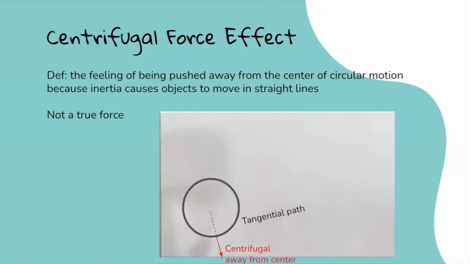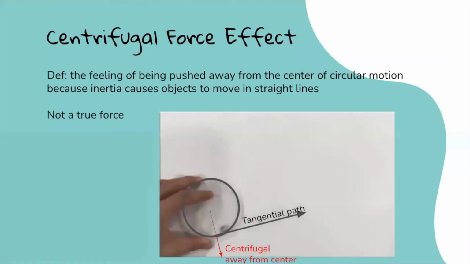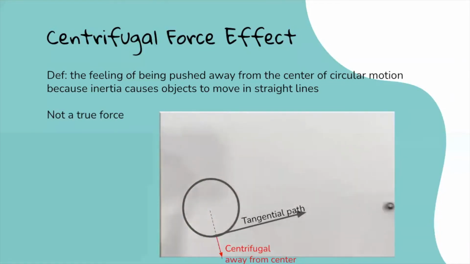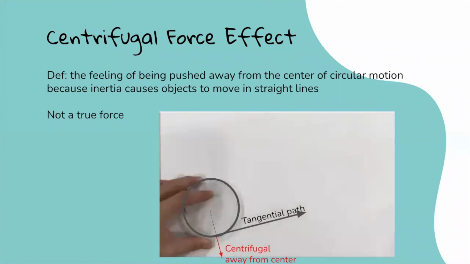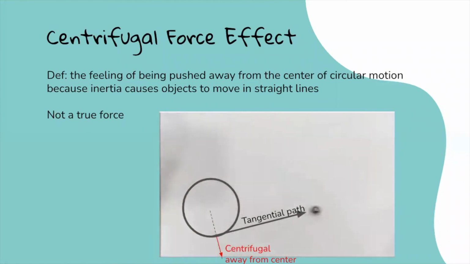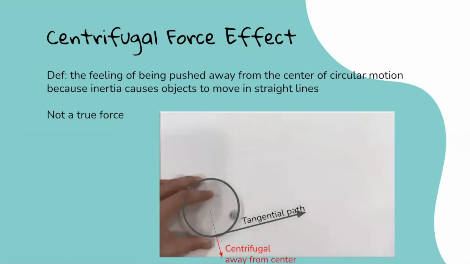Instead, it goes along the tangential path, the one that's tangent to the circle, like the tangential velocity we did in the first block. That's because as soon as that force disappears, the marble is an object in motion and it stays in motion and travels in a straight line.